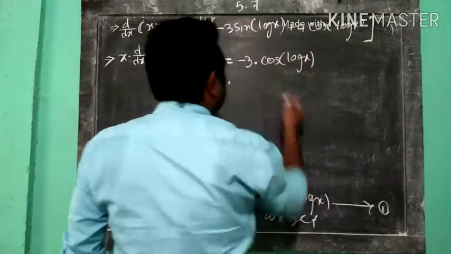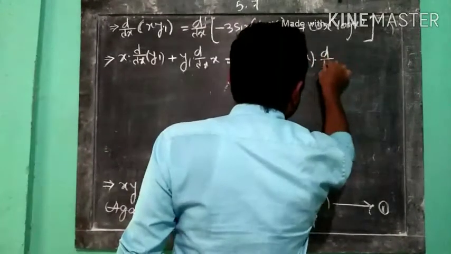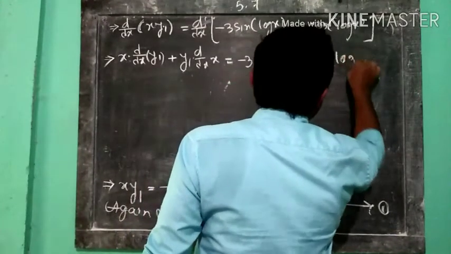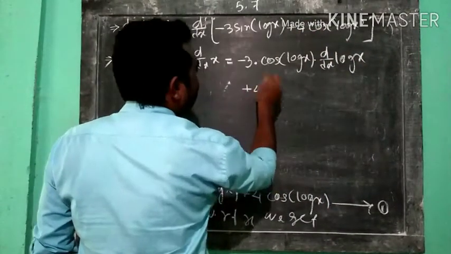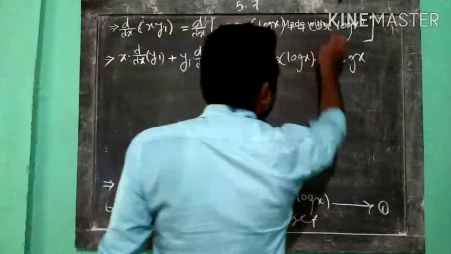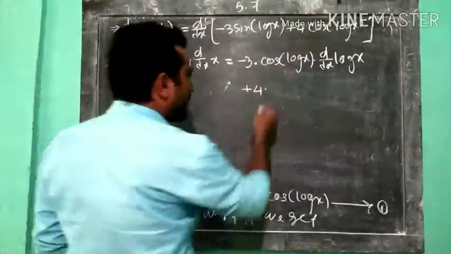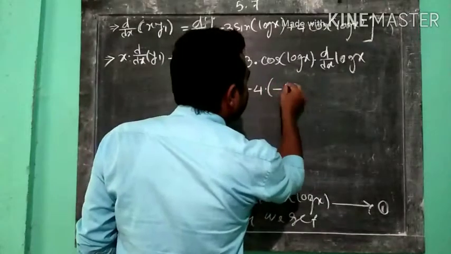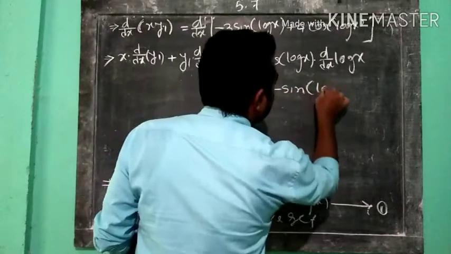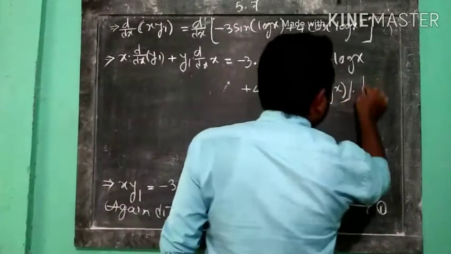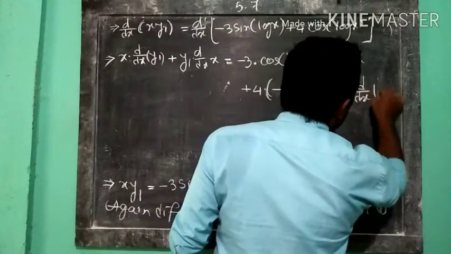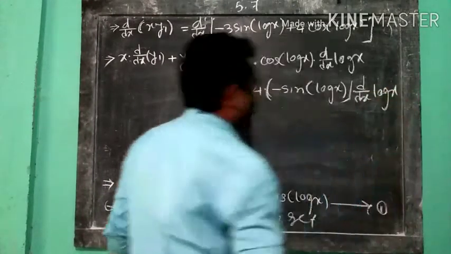If we differentiate log x, then d/dx of log x, plus 4 into d/dx of cos x, you know the formula, d/dx of cos x is minus sin x, x is log x, into d/dx of log x.